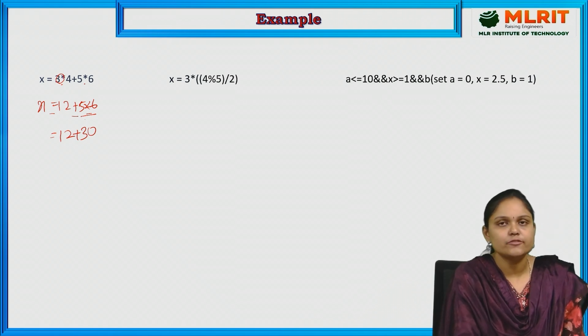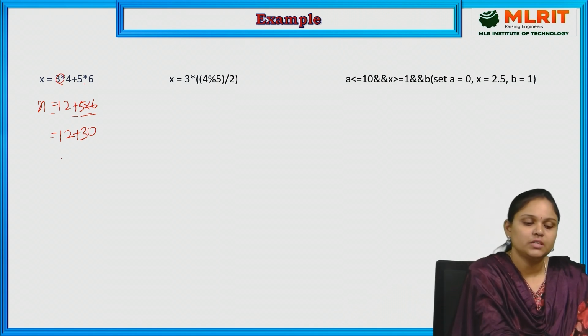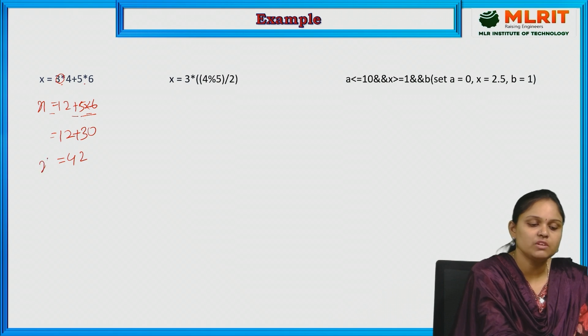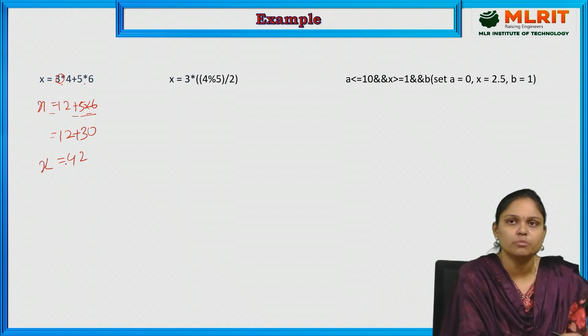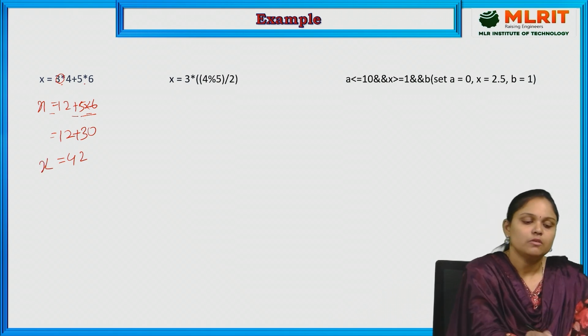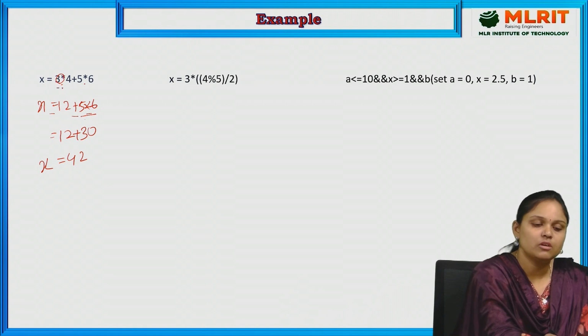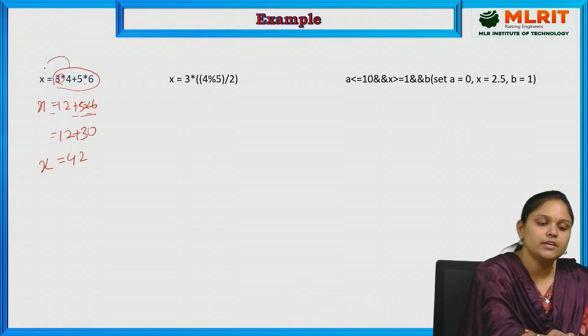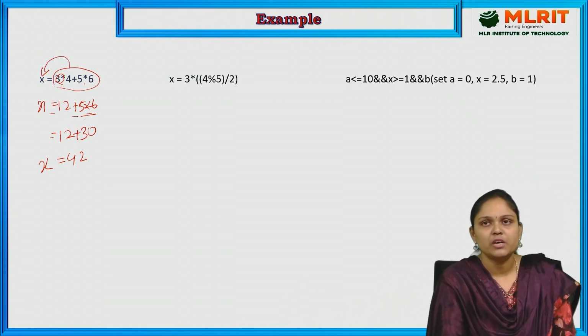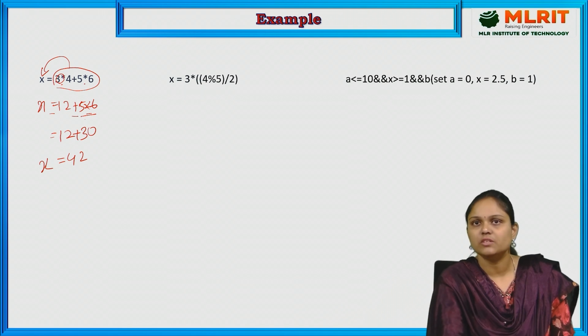The highest priority is for the plus operator. So 30 plus 12 is equals to 42. So x will be equals to 42, and this equals to operator is used for assignment. Whatever value we got by solving this expression will be assigned to x by using that equals to. So the x value is now 42.